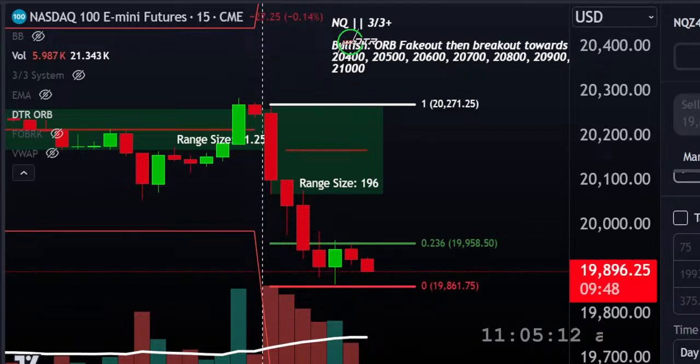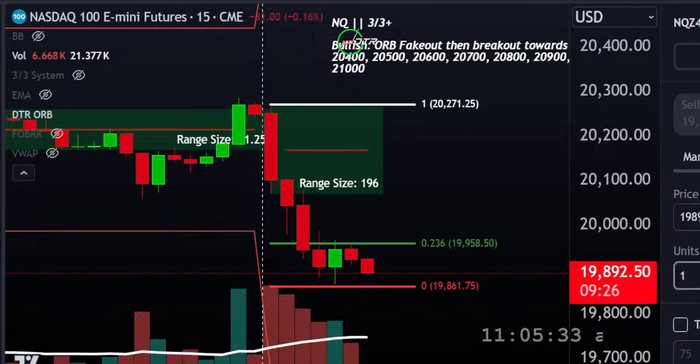So again, now watching here closely. Still about $700 worth of risk here. Okay, now 600.